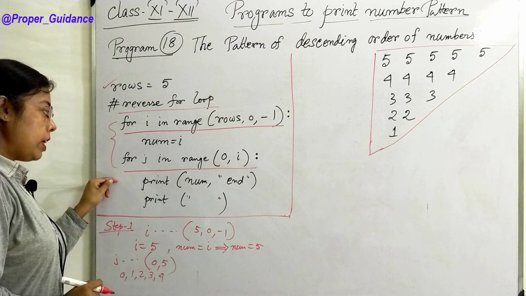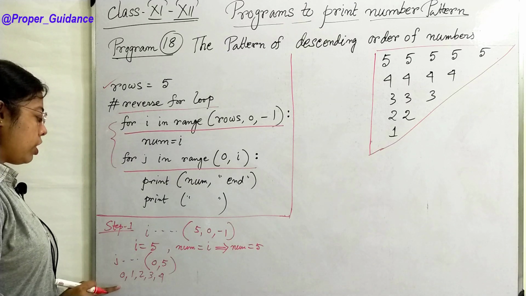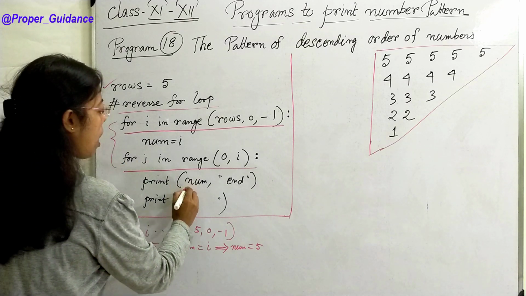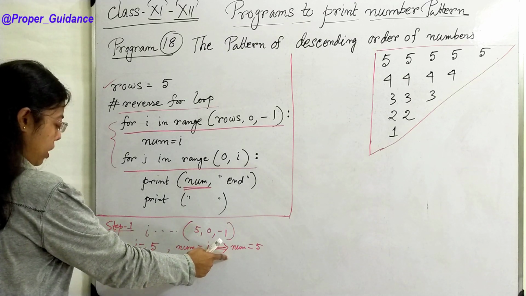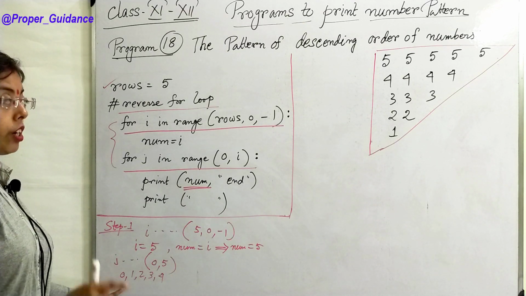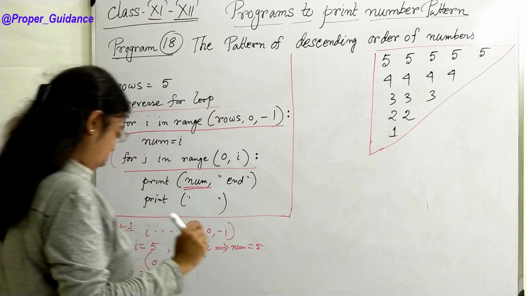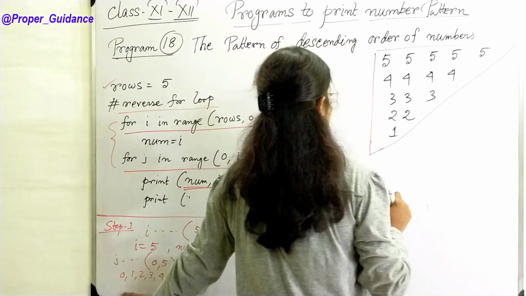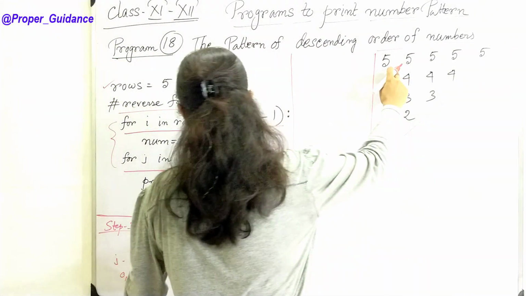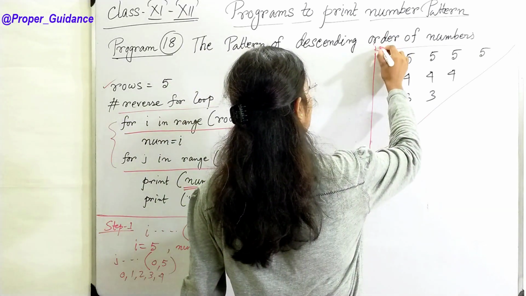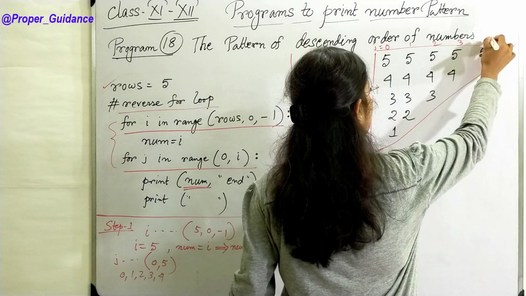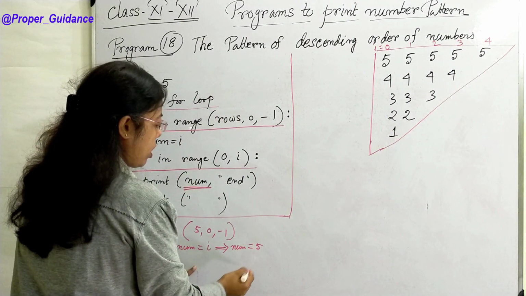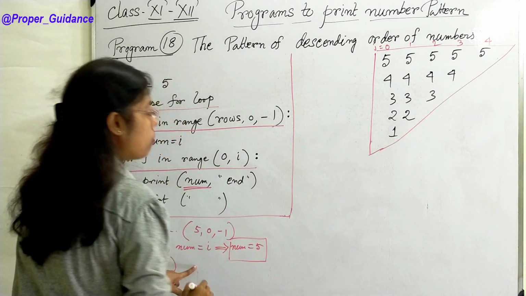But we are not printing the value of j. We are printing num, and num equals i. So what will it print? When i equals 5 and j equals 0, 1, 2, 3 and 4, we print num, which is 5.